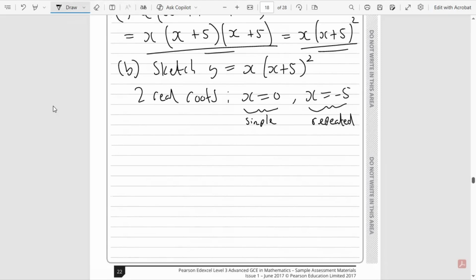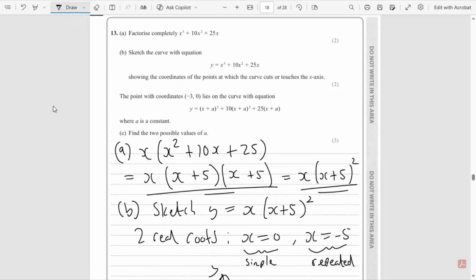So when we go and sketch the curve, let's do that down here. That's our y-axis. That's our x-axis. Got a root at 0, got a root at minus 5. And if we just scroll back up, you'll see that the cubic has a positive x cubed coefficient. So that means that therefore the shape of the cubic is going to look something like this.